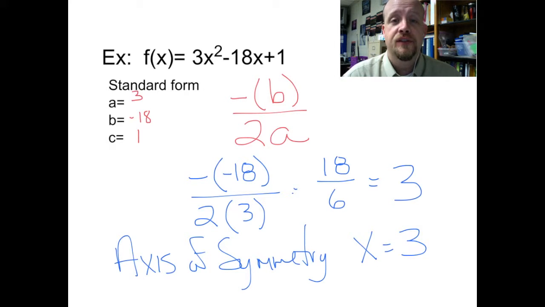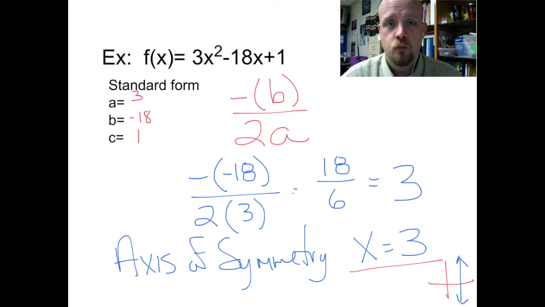Notice I'm writing x equals 3, not just 3, and not a coordinate point. We're not talking about points, we're talking about an entire line. The equation for a vertical line is x equals whatever that number is. That says y could be any value, but x can only be that specific number, in this case 3. If you draw a little graph, it gives us a vertical line going straight up and down, and that will always be the center of your parabola.